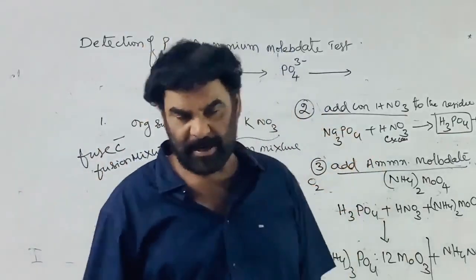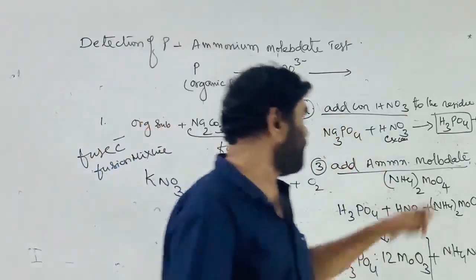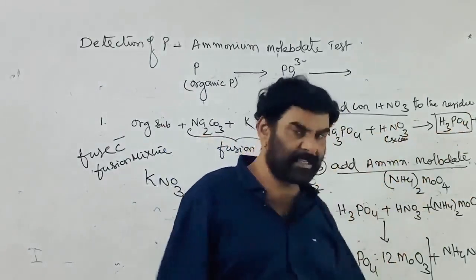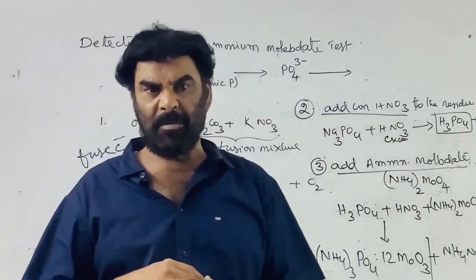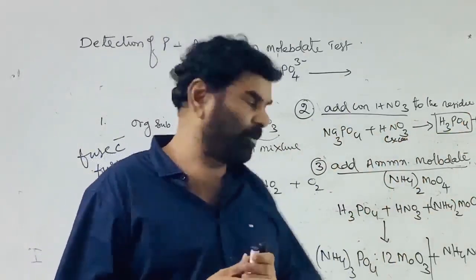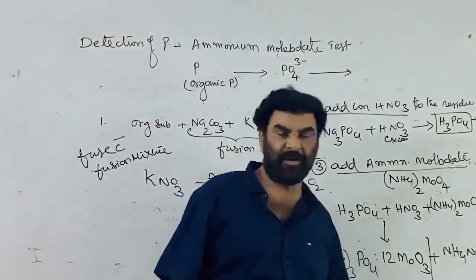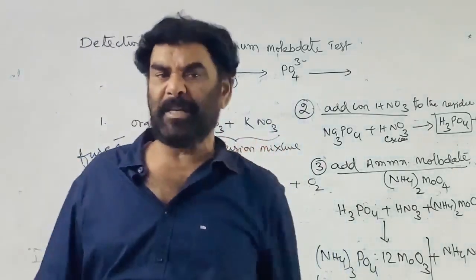When excess HNO3 is added, the phosphate ion is converted into phosphoric acid. Then add the ammonium molybdate. On addition, a complex compound known as ammonium phosphomolybdate is formed. This is a precipitate with canary yellow color.